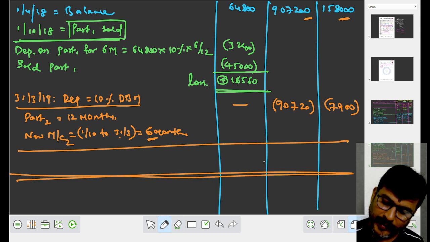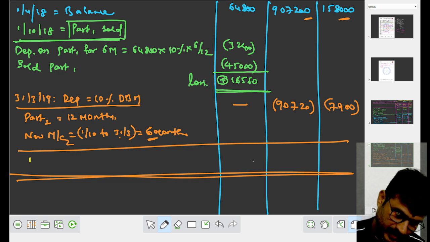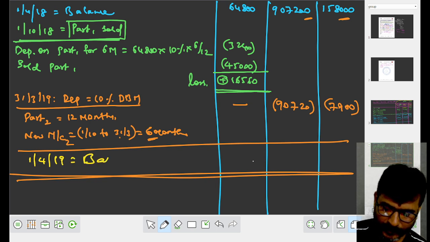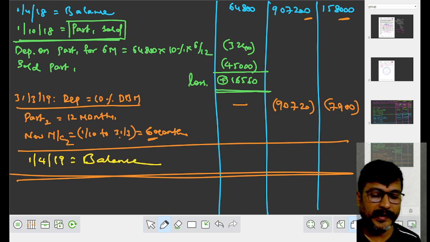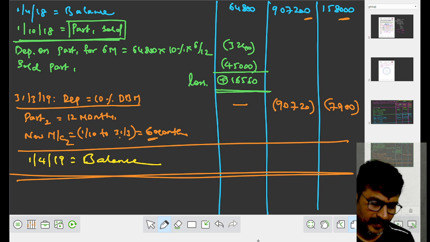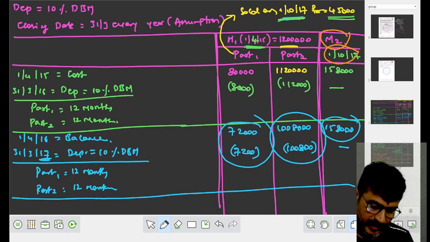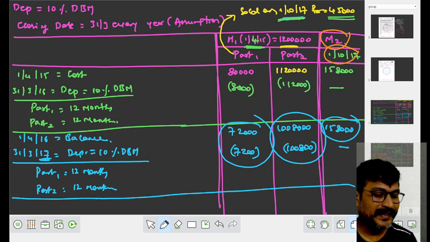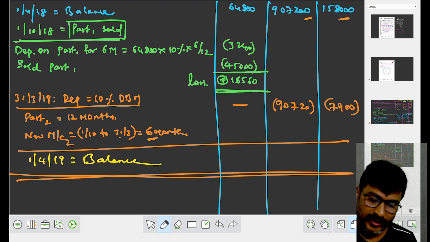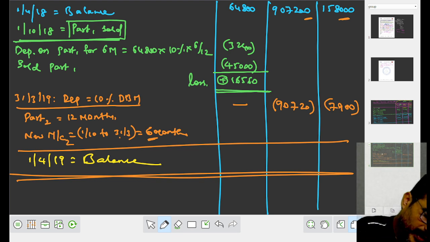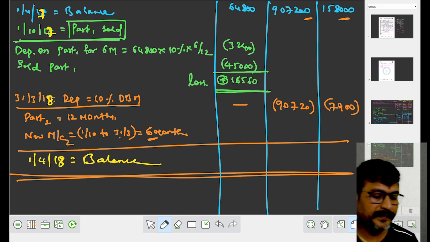The balance is to be worked out on which date? 1st April 19. We have to write the balance. Wait, whether we committed any date? 15, 16. Good. 16, 17. Good. Oh, here I have to write 17. 18.